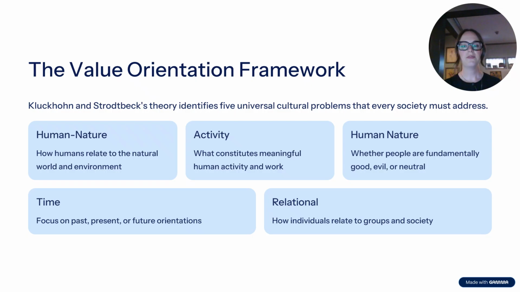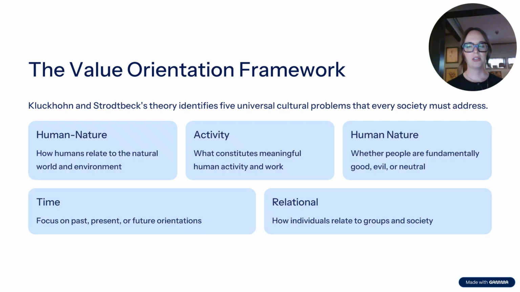It identifies 5 different cultural problems that every society must address, and 5 problems that we address here in American culture as well. It is broken up between human nature orientation, activity orientation, human separate nature orientation, time, and relational orientation as well.